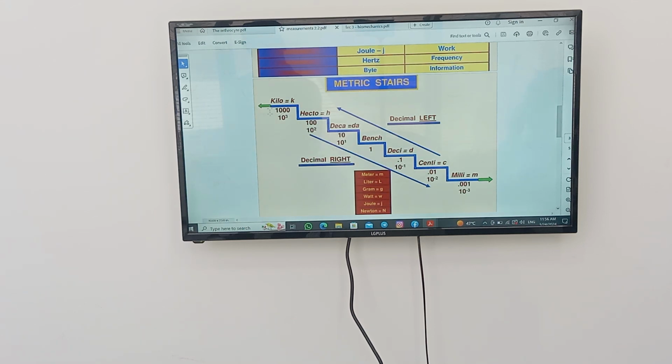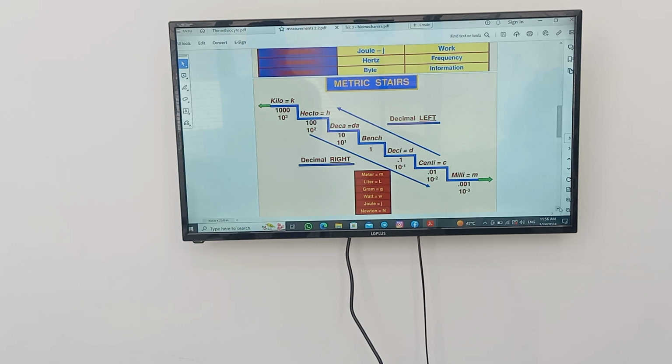Do I want to go higher, like a mega or something more than a kilo, or do I want to go lower, like a deca, a deci, or a centi? Okay. Now I want to turn a kilometer and convert it to something less. So I'm gonna take a step to the right.